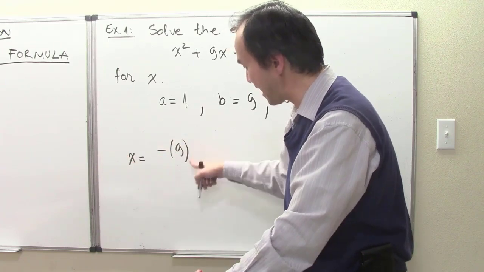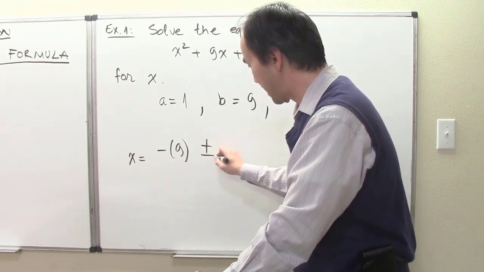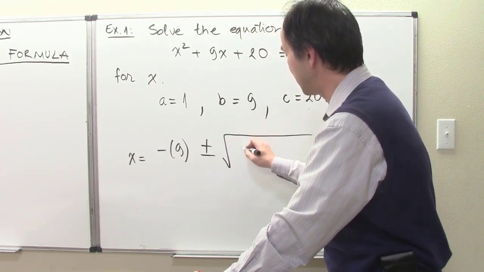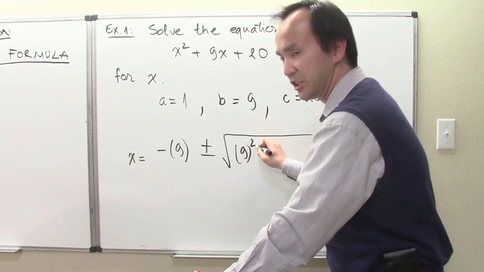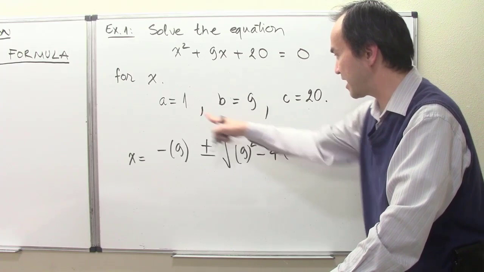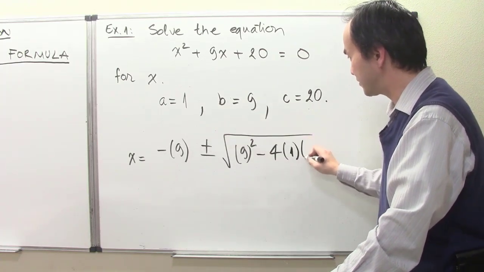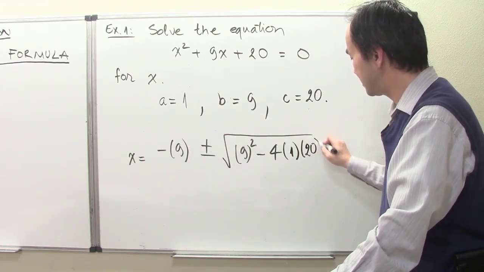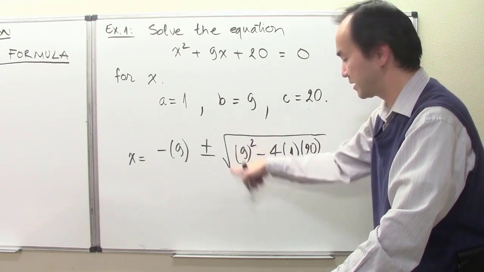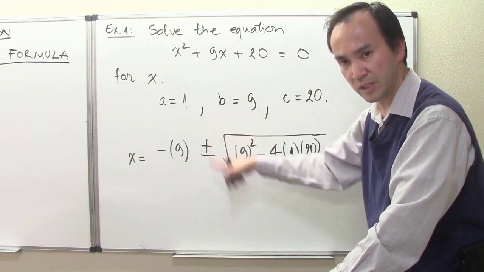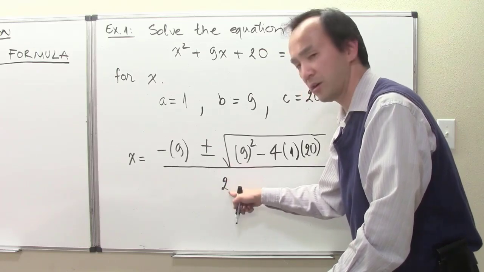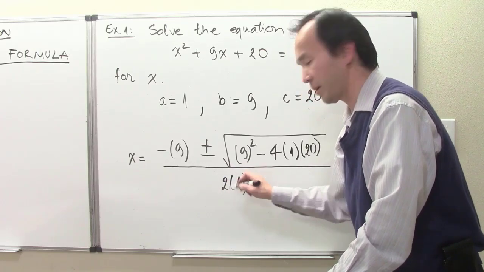So minus the value of b, plus or minus the square root of b squared, but b here is 9, so I put 9 in parentheses squared, minus 4 as part of the formula, times a being 1, times c being 20. This entire expression, b squared minus 4ac, is contained completely inside of a square root expression. And all of that is divided by 2 as part of the formula, the product of 2 times 1.